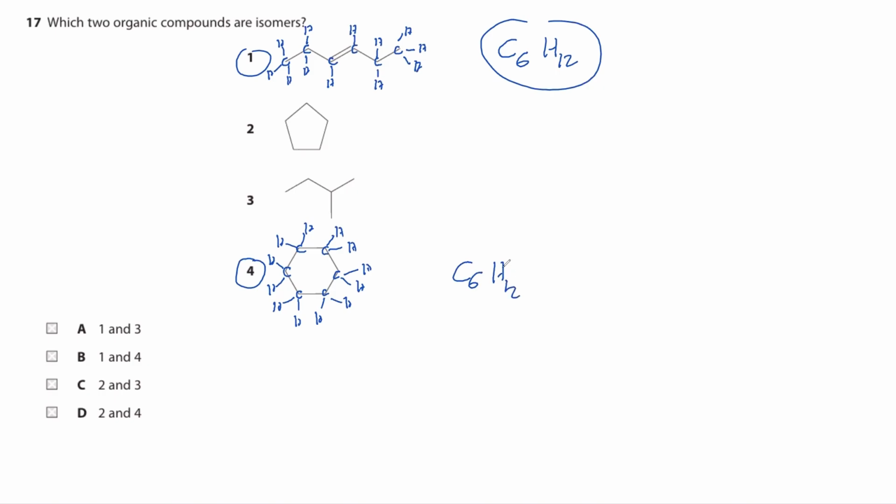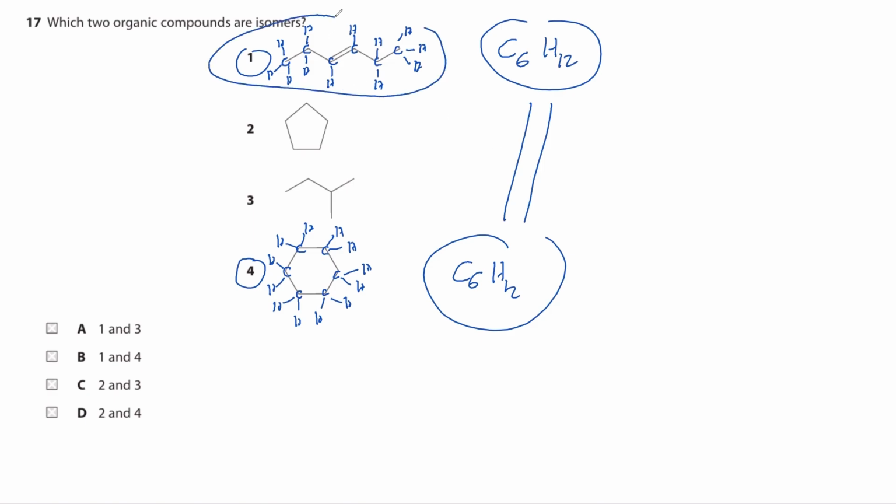C6H12. Molecules with the same molecular formula but different displayed or structural formula. The structures are different: this is a linear molecule and this is a cyclic molecule. Same molecular formula, different structural formula, so we call them isomers. The answer for question number 17 is 1 and 4, which means our answer is B.